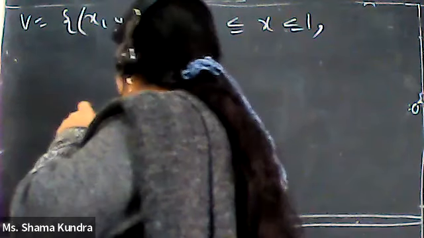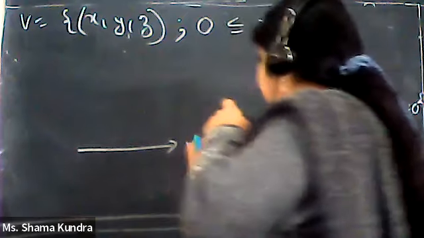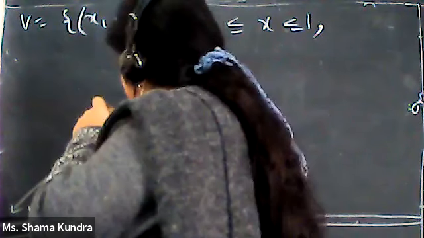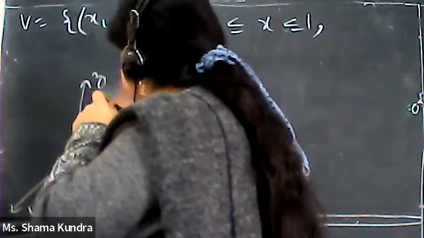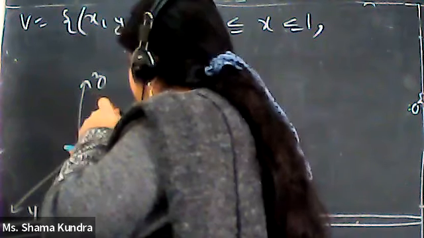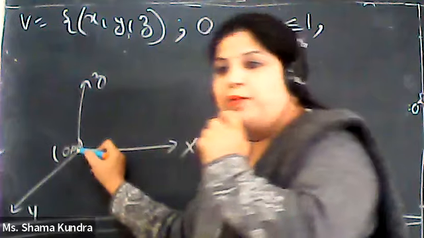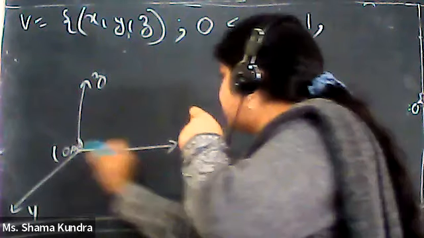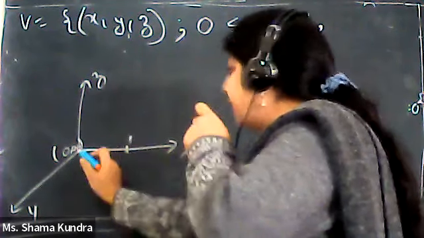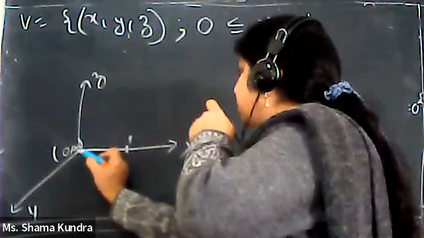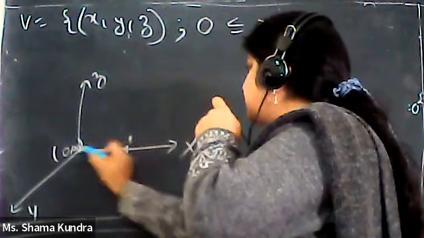Suppose this is x, this is your y, this is your z, and this is the origin, meaning 0, 0, 0. If you take the limit of x from 0 to 1, you have covered this.